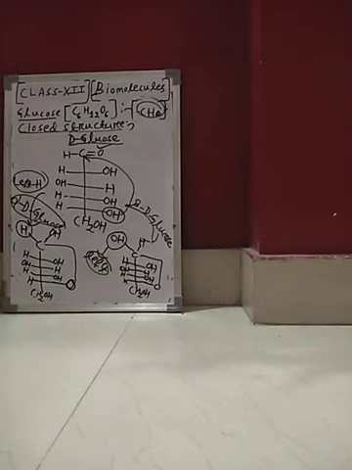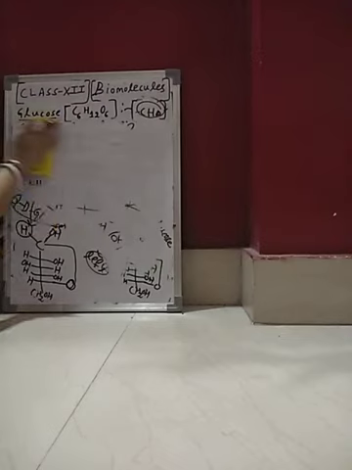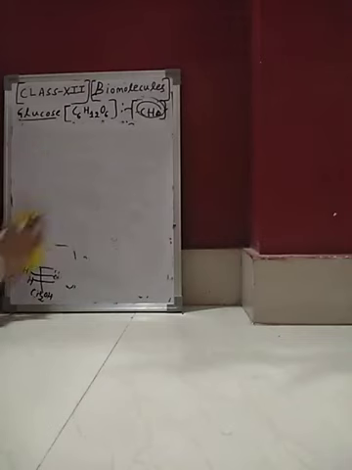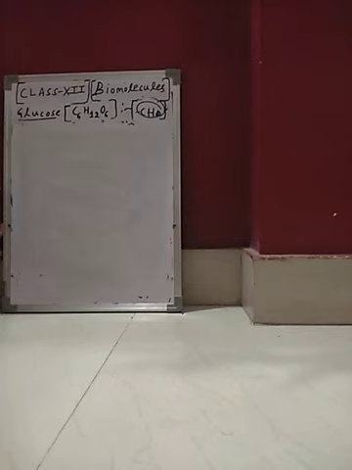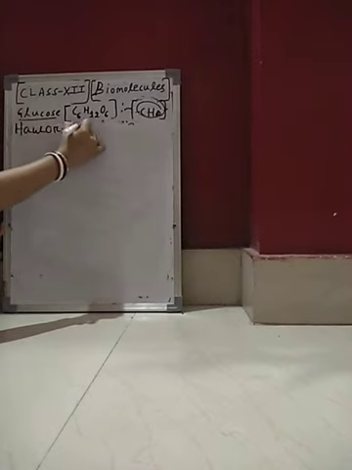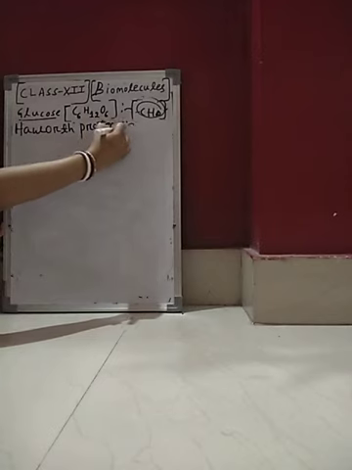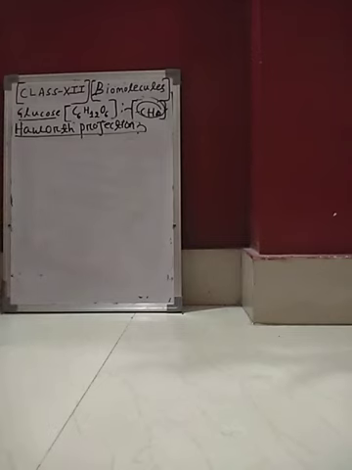Next, the last structure, that is your Haworth projection structure. You have to practice these structures, then we can do the chemical reactions of glucose based on these structures.